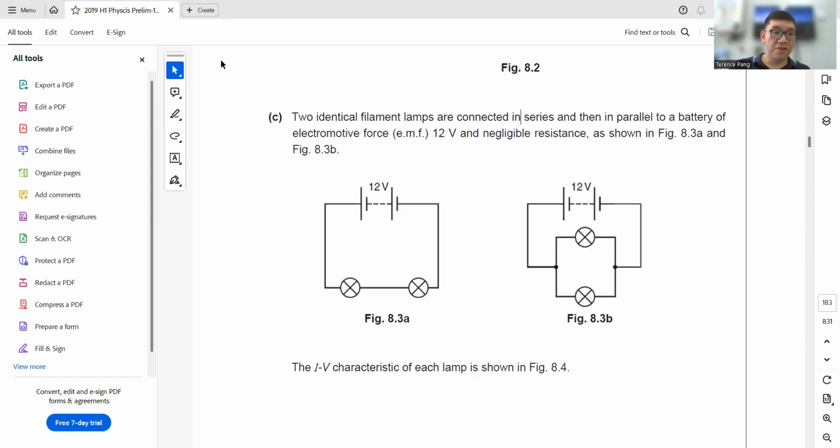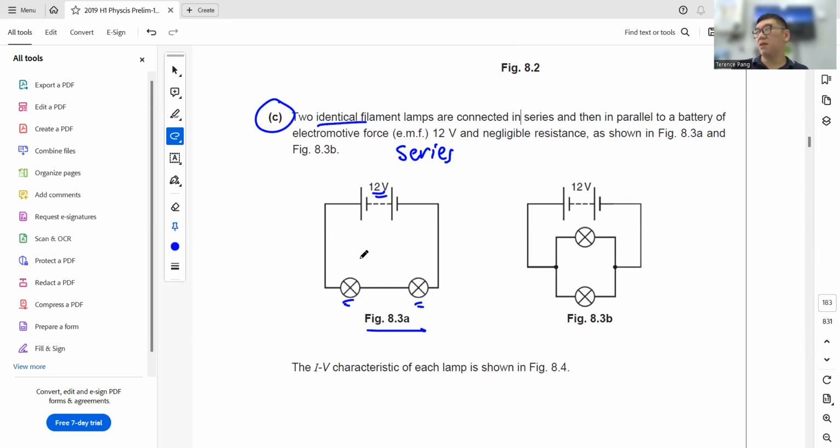So for the next question, part C. A few things to take note of when it comes to series. One is that the 12 volt for the series circuit in 8.3a is being shared by the two lamps. Now the two lamps are identical.